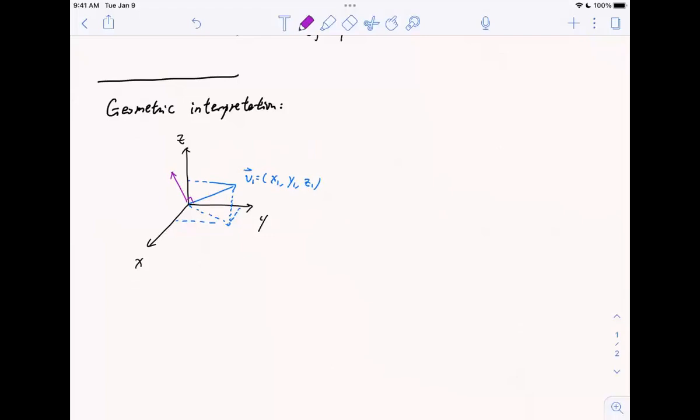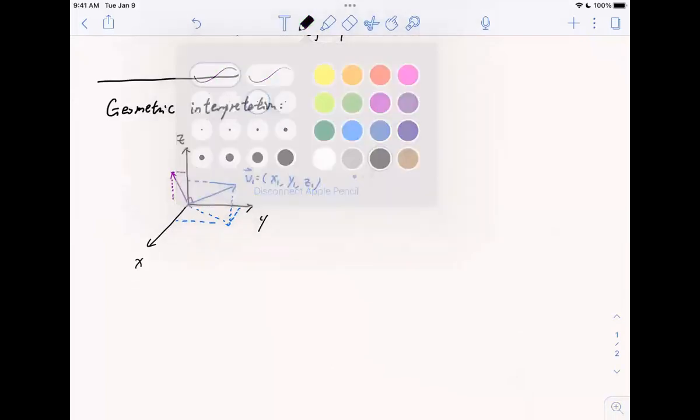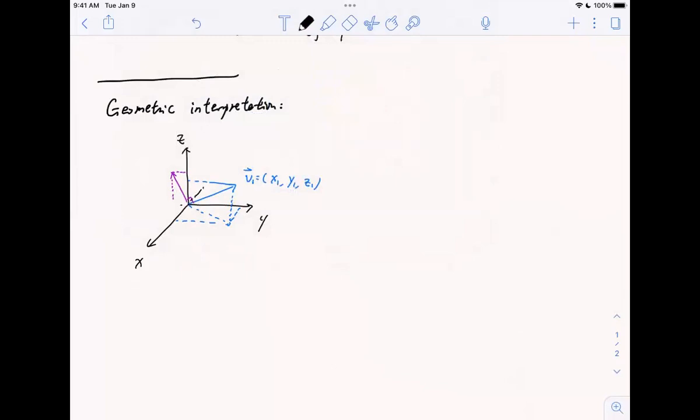One like this, something like that. V2, x2, y2, z2.